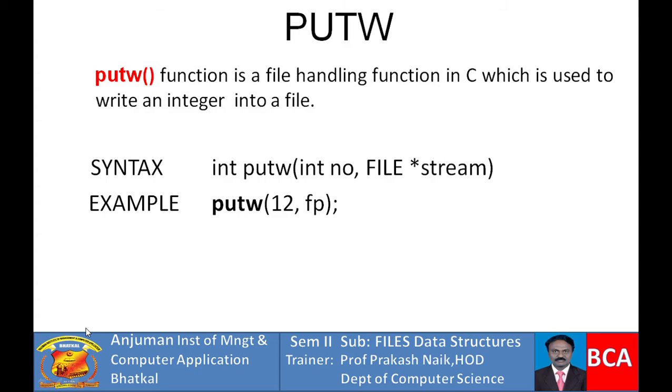On screen, we see the syntax: int putw bracket int number comma FILE star stream. So two parameters, one is the number, one is the file pointer. See the example. putw 12 comma fp. So 12 is the number to be written to the file associated with the file pointer.